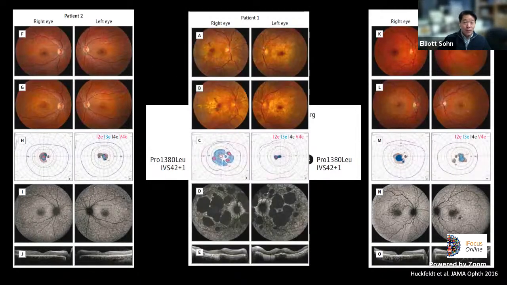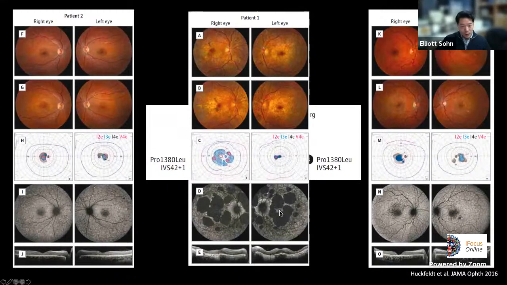So this is the mother, and you can even see from the fundus photos here, which aren't too clear, but on the autofluorescence, you can see there are really these widespread areas of consolidated decrease in autofluorescence that seem to be ringing the fovea here.